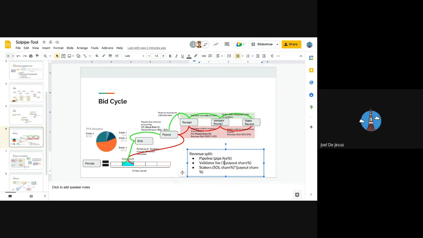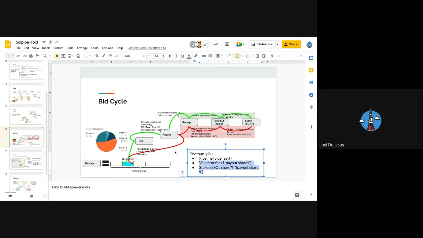Wait, I have to recall what the logic was. This logic is actually quite complicated. I think the stakers have to go first. The stakers have to claim their payout because the stakers have the relative weight of their stake, and the validators get a piece of the stake revenue, as you can see from the payout share. So these two lines are paid out in accordance to the stake weight.